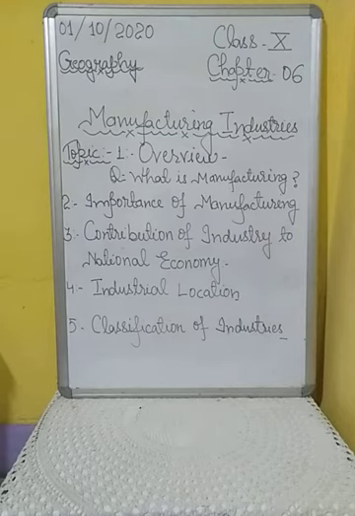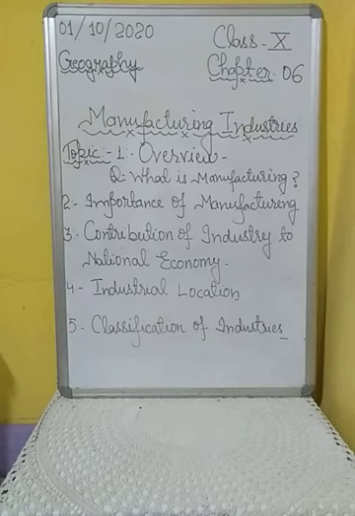For example, cotton, woolen, jute, silk textiles, sugar industries, tea, edible oil, etc. And mineral-based industries are those industries where minerals are used as raw material. For example, iron and steel, cement, aluminium, machine tools, etc.